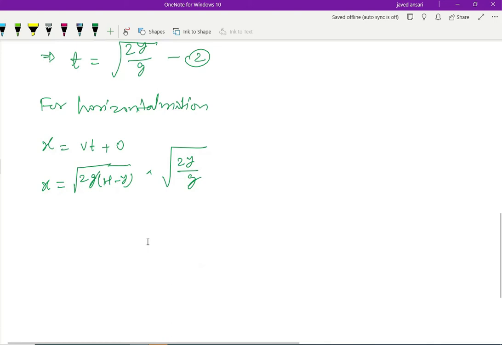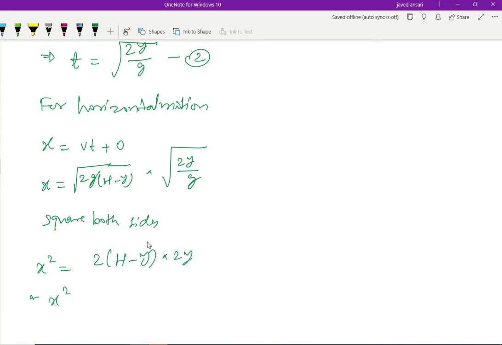Now let's square both sides. What will happen is x square equal to 2 times (h minus y) into 2y, the root will go away, or x square equal to 4 (h y minus y square).